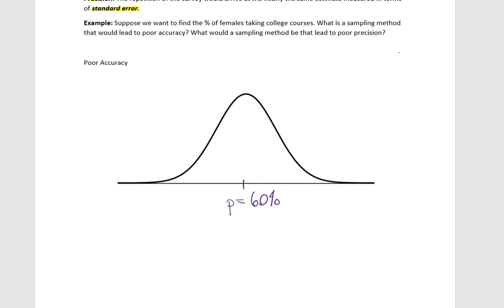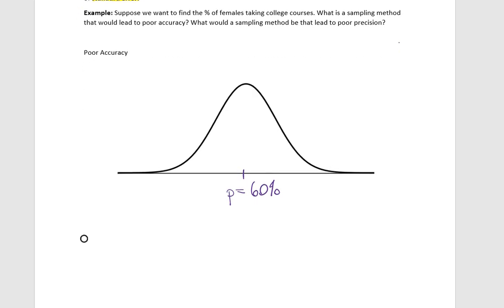Okay, so a method that might lead us to have poor accuracy is if we only surveyed, let's say, nursing courses. Nursing courses would give us a lot of females.